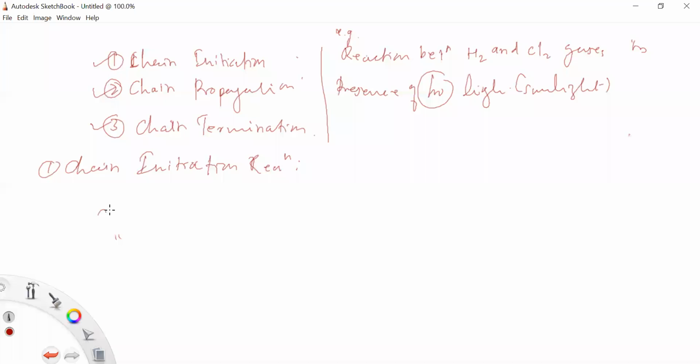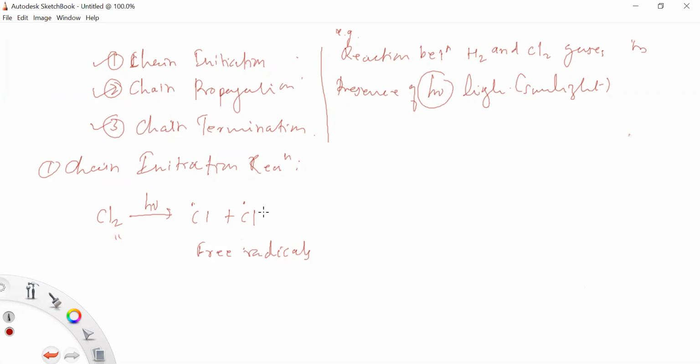For example, this is Cl2 in the presence of h nu, or light, it forms Cl plus Cl. These are two free radicals. This is the free radical formation. And we know that radicals are very unstable or reactive, right? So this reaction is a chain initiation reaction.